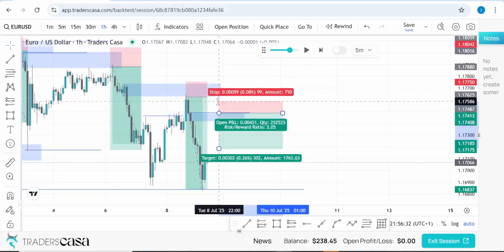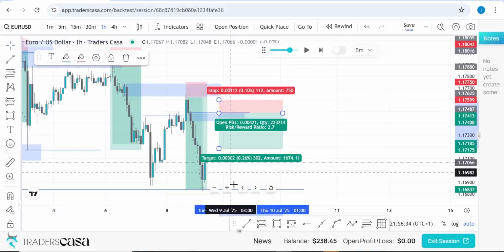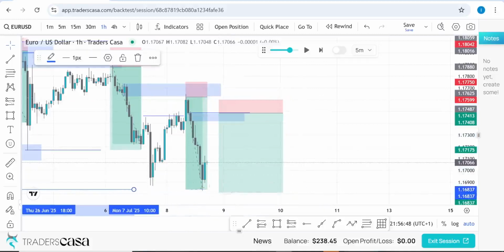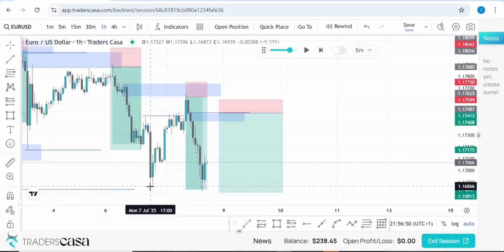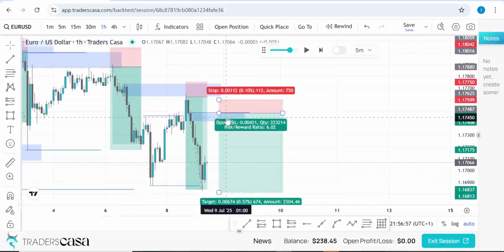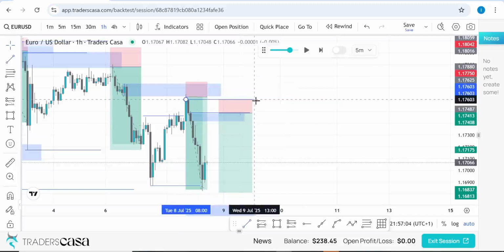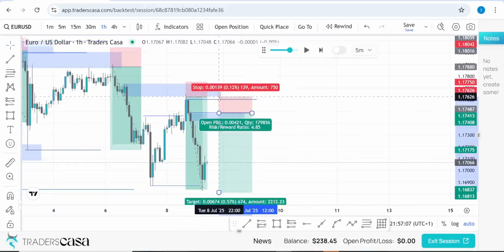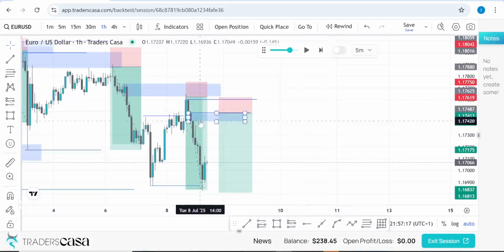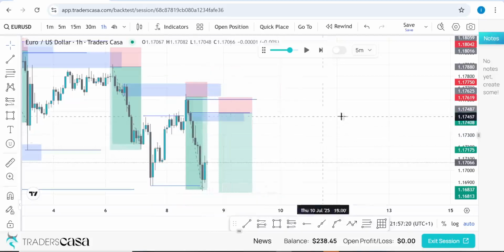So here now, I'm taking my SL. Let me just come down here first. Let me mark the new break of structure, though it has not fully developed a break of structure because of the wick. But this particular square I drew here is a setup of fair value gap.